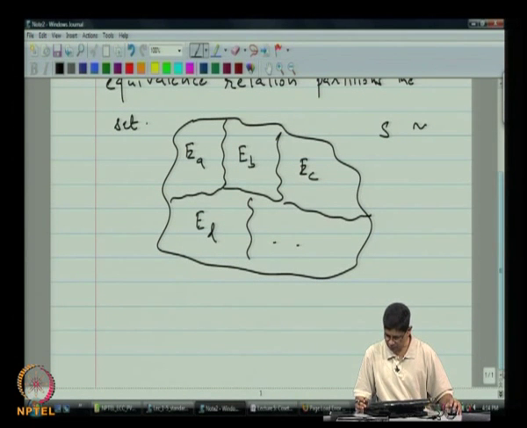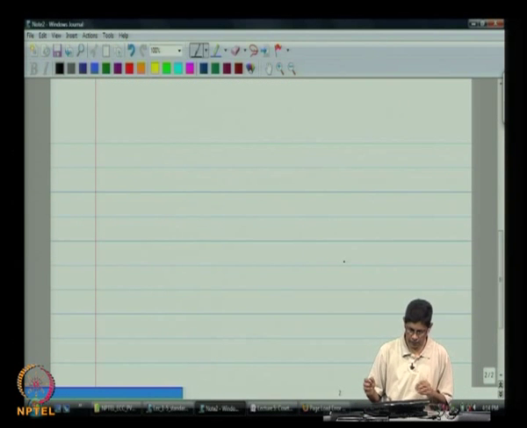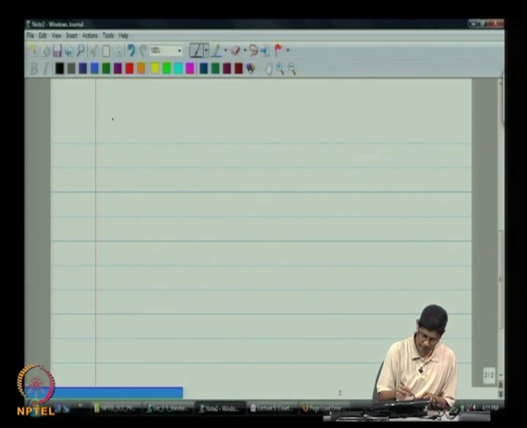Then we were looking at the equivalence relation that arises from a subgroup. So, we defined it.